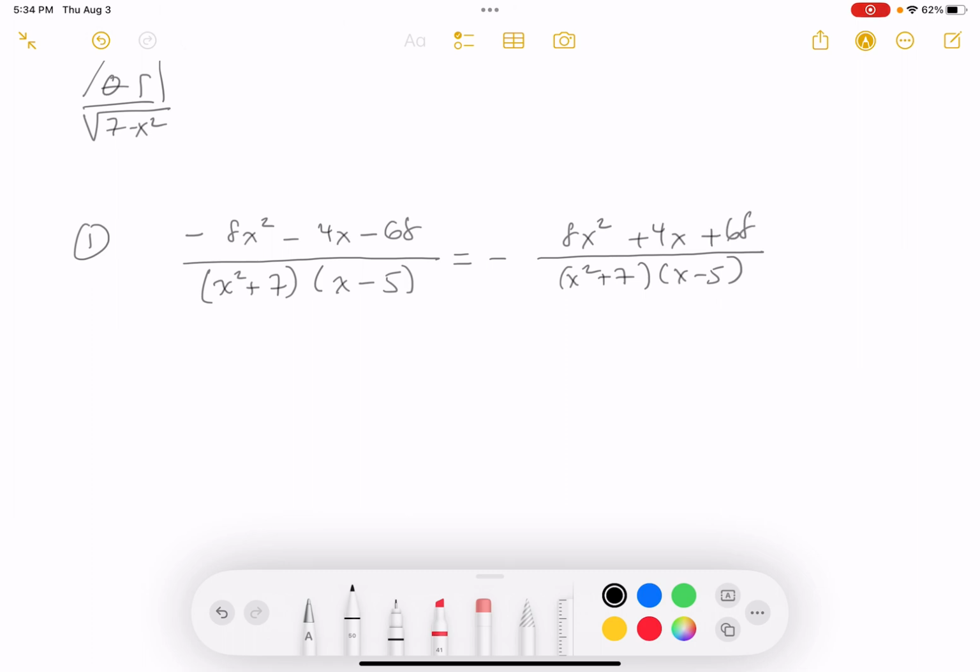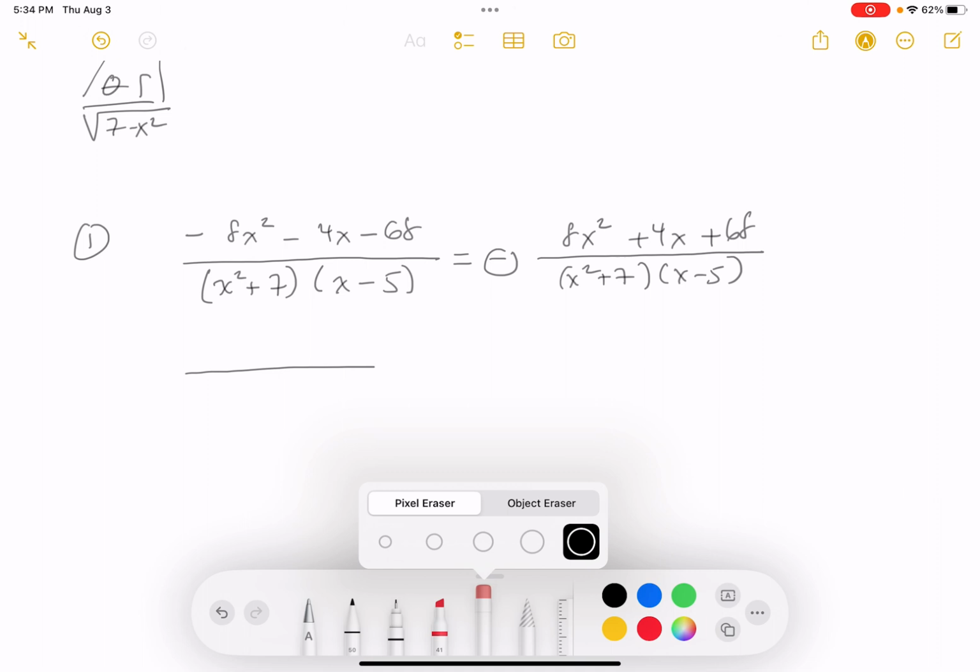I'm going to keep massaging the problem until I see my partial fractions. And I got to be really careful with this. So I'm going to hold off on this part here.